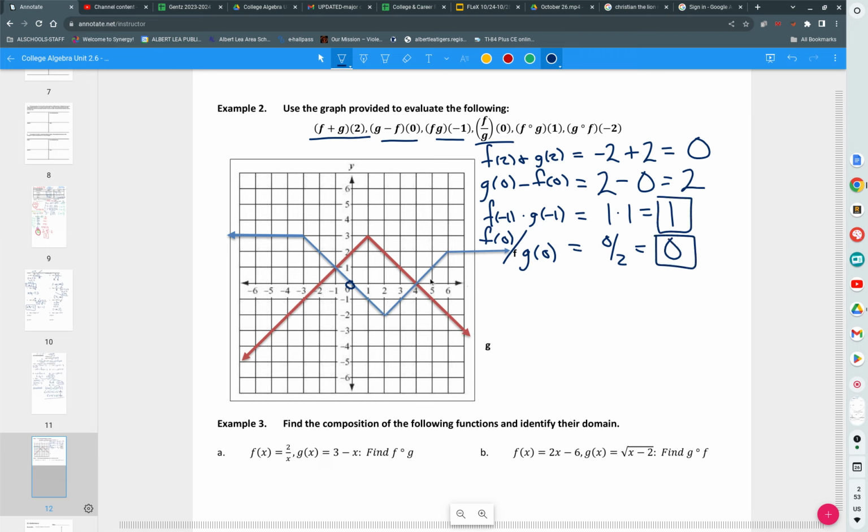I got 1 and 0. Everybody else good? Okay, our last two that we do for this, then we'll do our domain problems. We'll be done for the day.